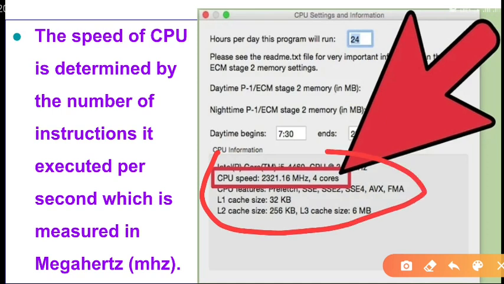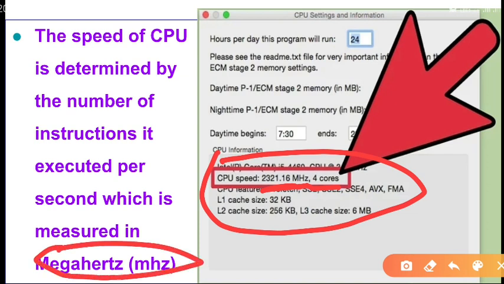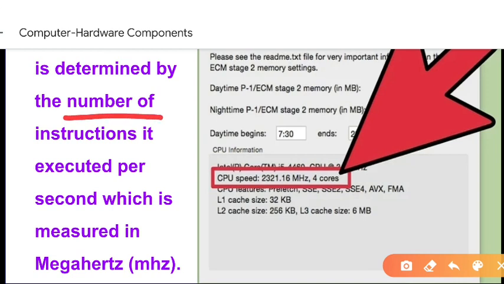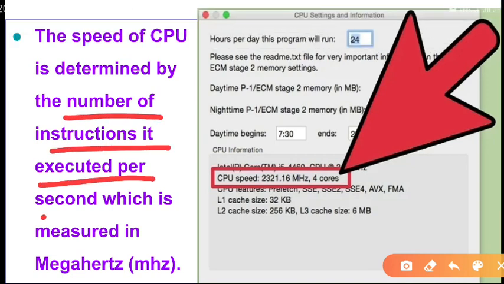Over here, there are 4 cores inside this CPU, and it has a CPU speed of 2321.16 megahertz. So what is the unit of CPU speed? Megahertz. It is determined by the number of instructions executed by the CPU in 1 second.